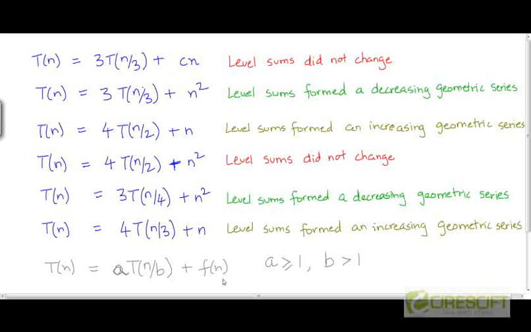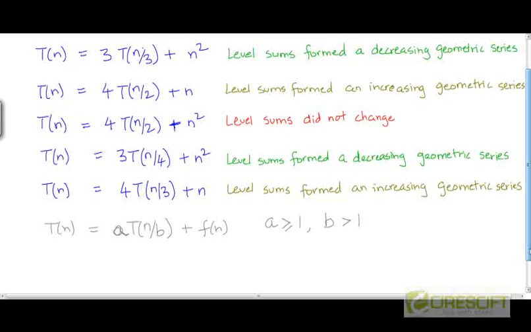So we can assume that the size of the subproblems, n, is going to be greater than or equal to 1. And the values of f of n will also be positive, because you need a positive amount of effort in order to combine the solutions to the various subproblems. So f of n will be greater than or equal to 0.